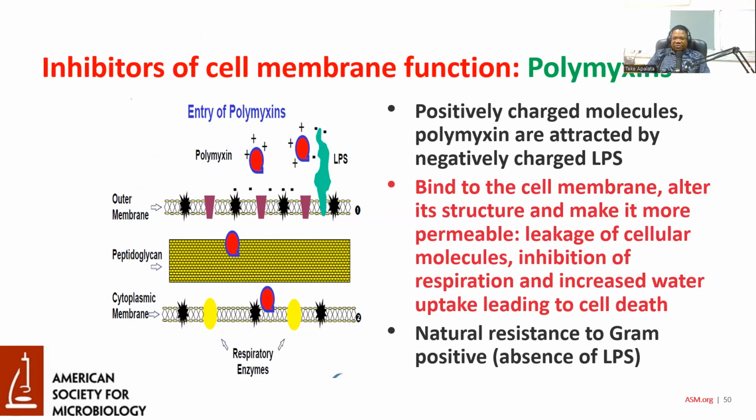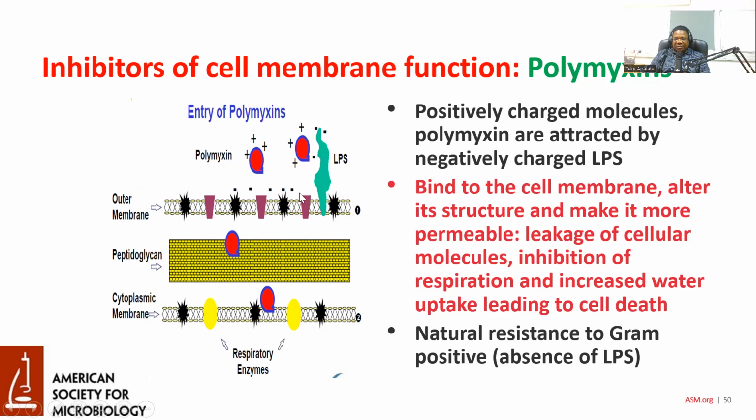What you see here is the structure of a gram-negative bacterium. Polymyxin B has a narrow spectrum of activity because it only acts against gram-negative bacteria. I will tell you why. Here you have the cytoplasmic membrane of a gram-negative, a thin peptidoglycan layer, and it is covered by an outer membrane.